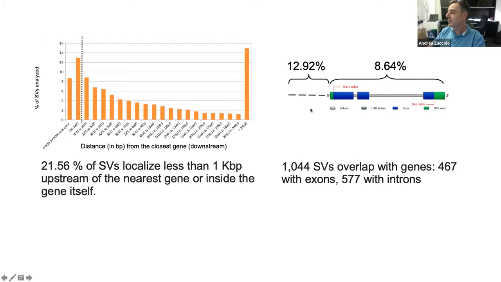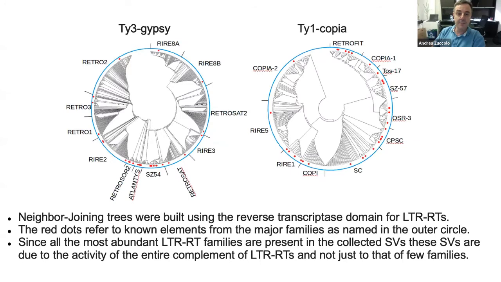In particular, 13% is less than 1 kb upstream, and 8.64% of the structural variants are inside genes. That is, in this case, 1,000 of them, of which 467 are within exons and 577 in introns.